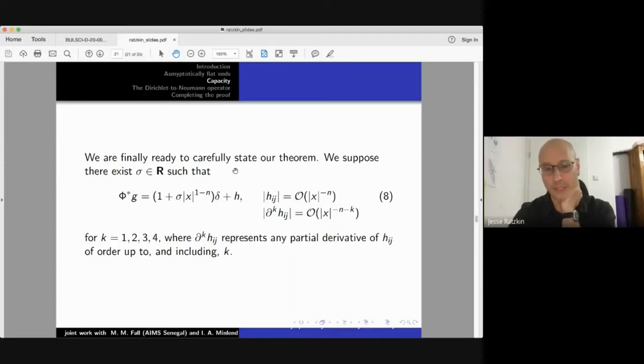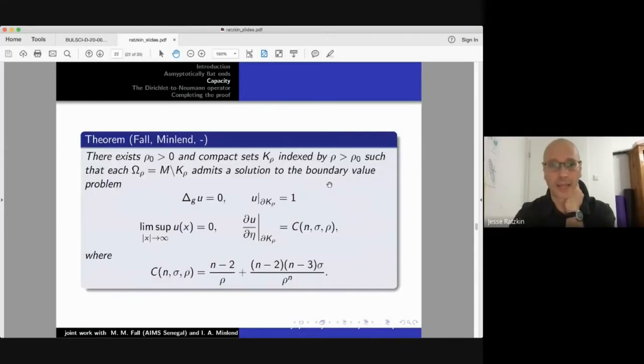What do we suppose? We suppose that the form of my metric looks like this. I want to have 1 plus something that looks like r to the power 1 minus n, times the Euclidean metric, plus something that decays like the length of x to the minus n. Derivatives are going to decay accordingly. And then in this case, I can find a foliation of infinity.